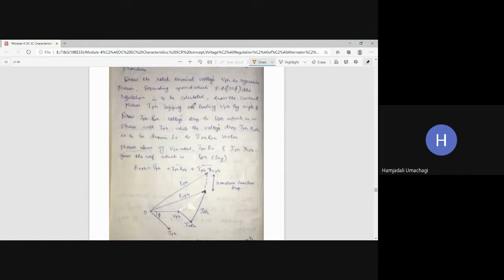Draw the current phasor IPH lagging, because here it is an inductive load. For an inductive load, current always lags the voltage. So first take VPH as a reference, and current will lag the voltage by an angle of phi.